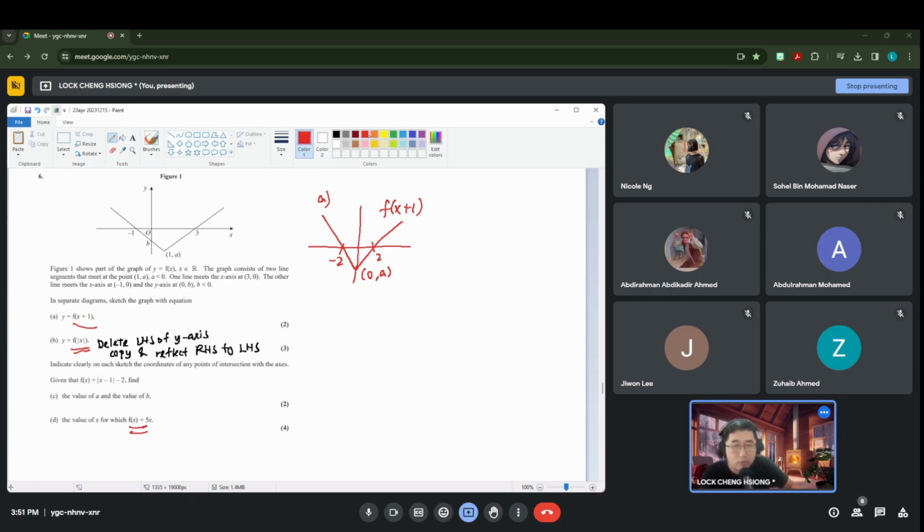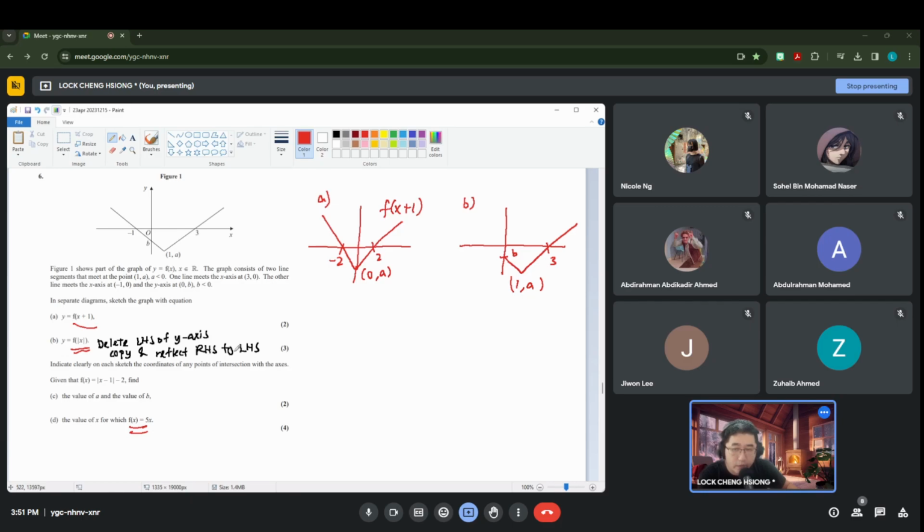So how do we get the answer? Delete the left hand side, so erase it. Keep the right hand side. Therefore, I have a b here, I have 1 comma a here, then I have a 3 here.